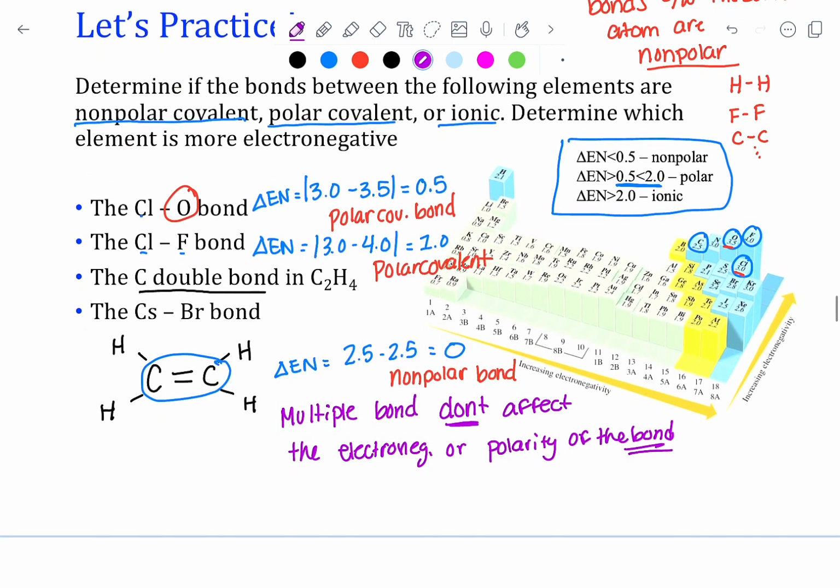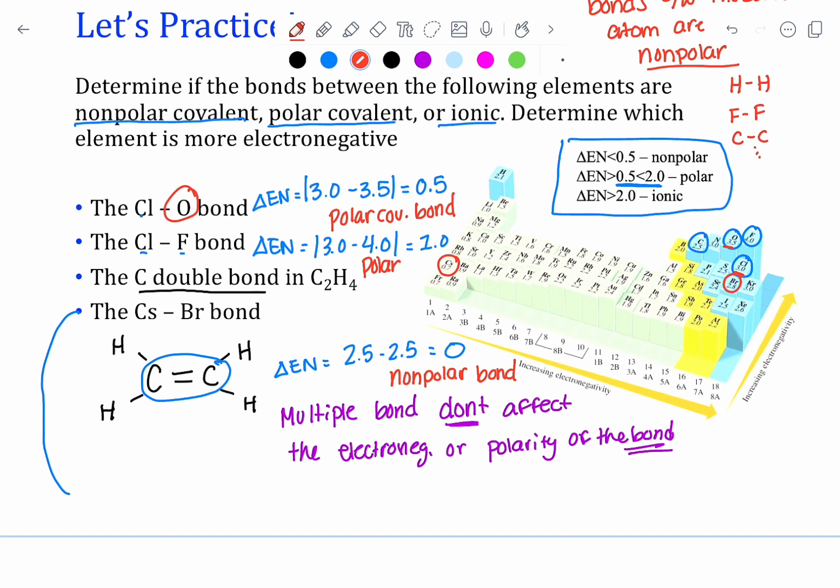Okay, our last example, I have a little bit of room down here, is the Cs-Br bond. And to see Cs, I think I have to erase some of this. So let me just correct that. This is polar. Okay. So Cs and Br. Cs is all the way down there. That's cesium. And Br is over here.